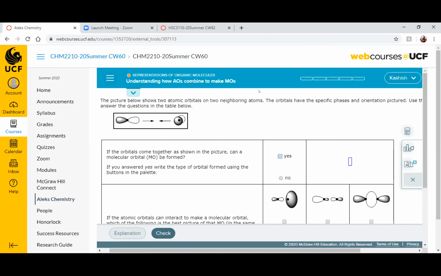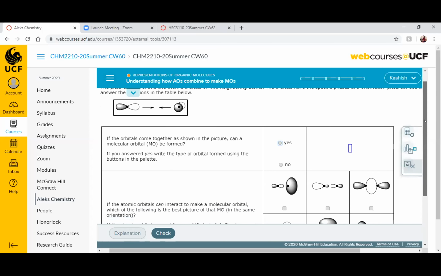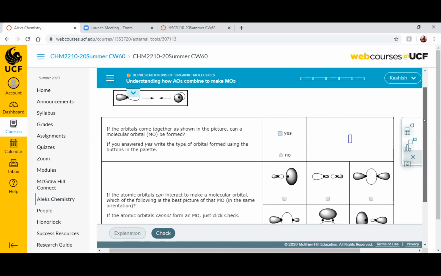So if we're looking at this, it's a weird question, because we have a p orbital flat, but we also have another p orbital that is going into the screen and out of the screen. If we scroll down, I don't like this first question where it asks, if the orbitals can be combined, can it occur?